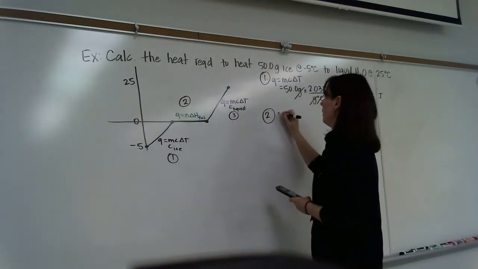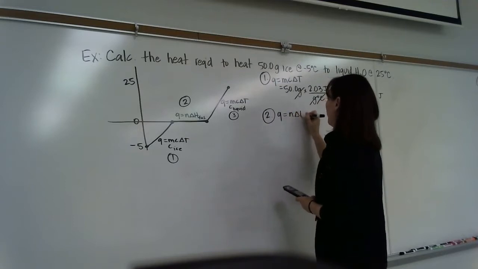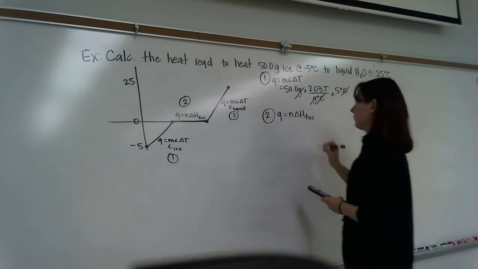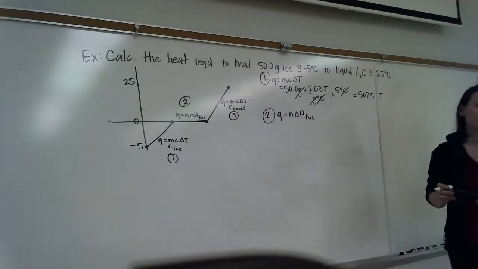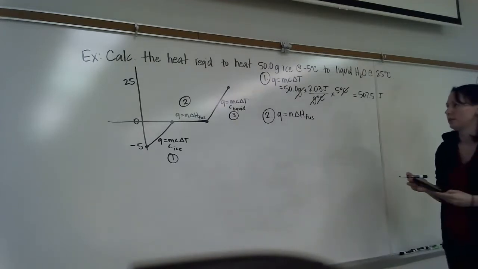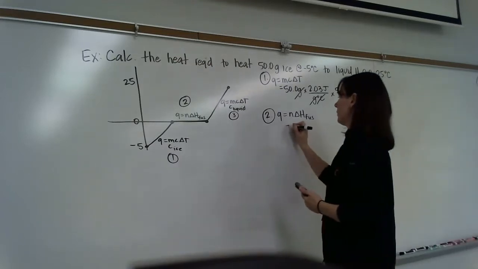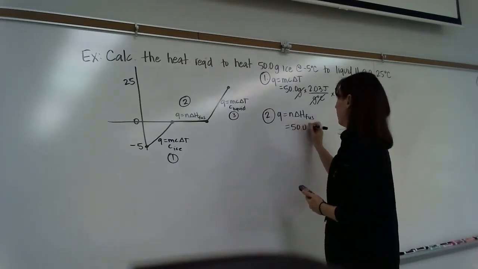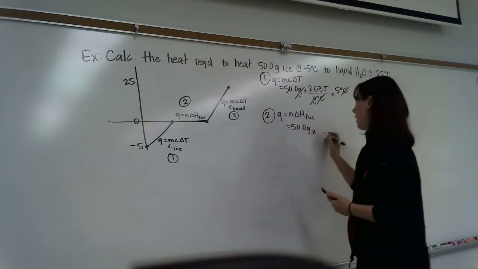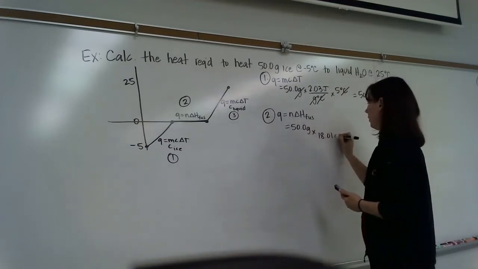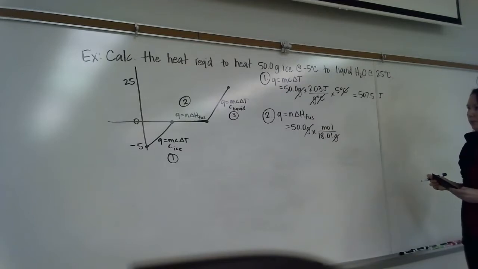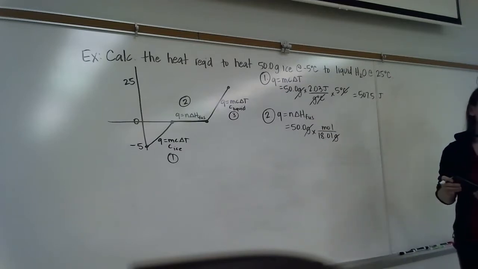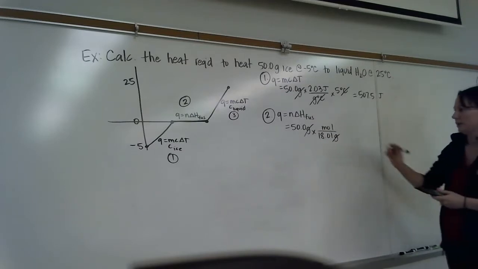Calculation number 2. Q equals N delta H fusion. Well, N is number of moles, right? Am I given moles? No, so what do I need to do? Convert grams to moles. 50 grams, molar mass of water, 18.01 grams per mole. So grams cancel, I'm in moles. Can I take that number and now directly multiply it by heat of fusion? Yes, I can.